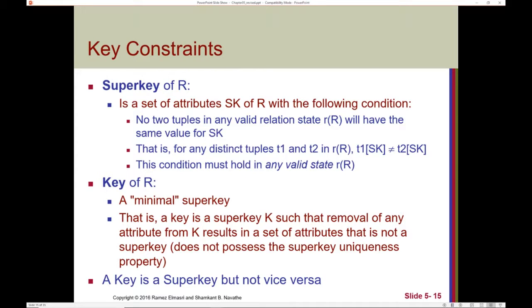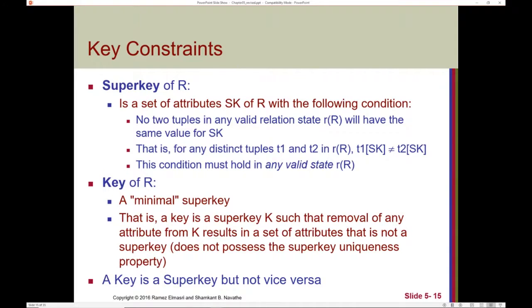So you figure out if you have a superkey so that if you take a look at two different tuples or two different rows, they have a unique collection of values. And then you ask yourself, well, is this superkey also a key? Is it a minimal superkey? So that if I take out an attribute from the set of attributes, it is actually no longer unique. So a key is a superkey, but not vice versa.